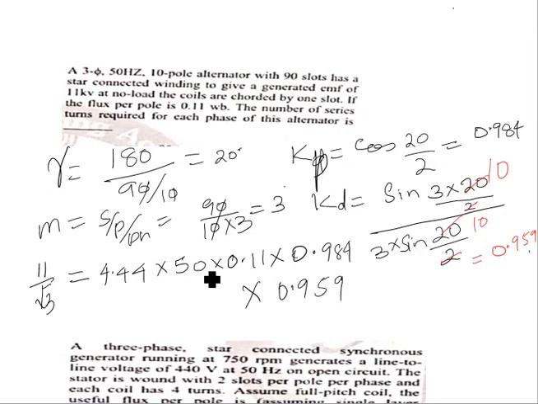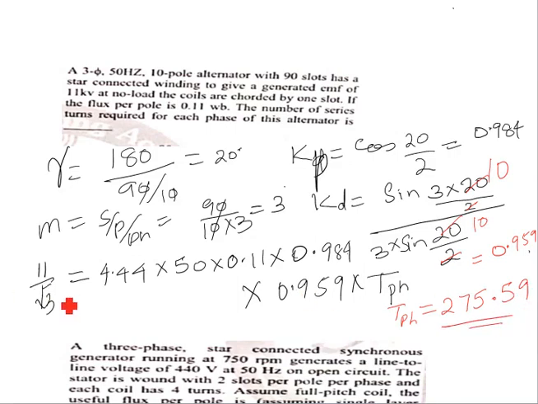4.44 f phi kd kp into turns per phase. If you put in the values and equate, you will get turns per phase as 275.59. This will be your number of turns per phase.